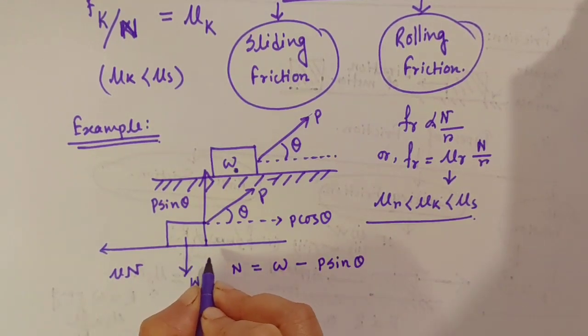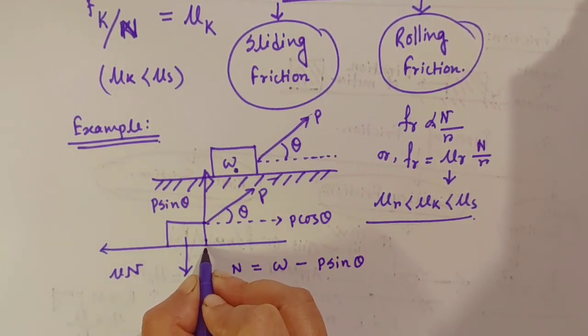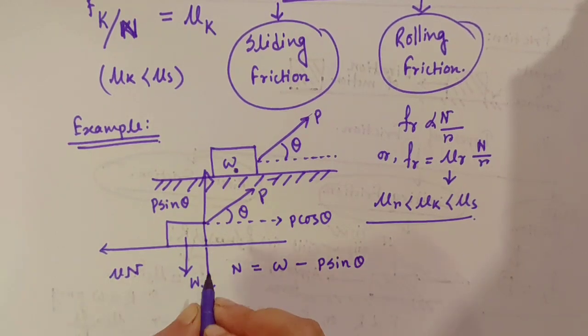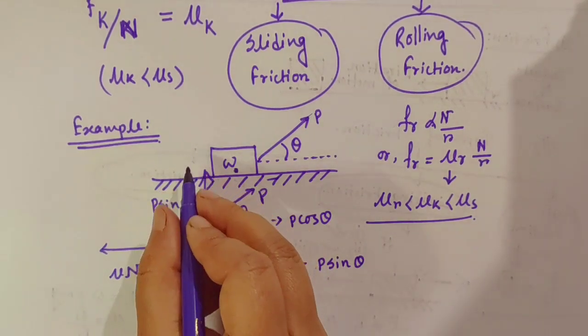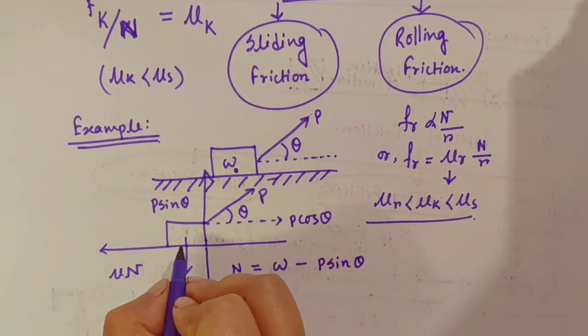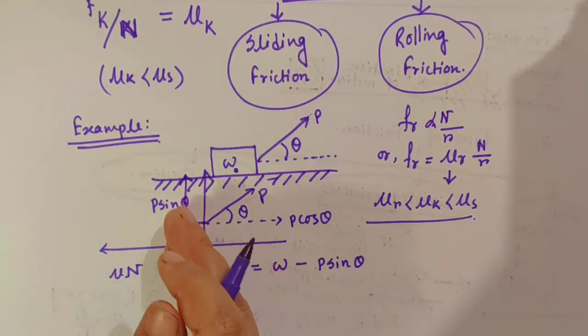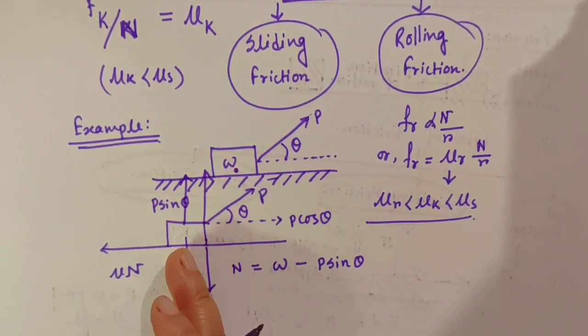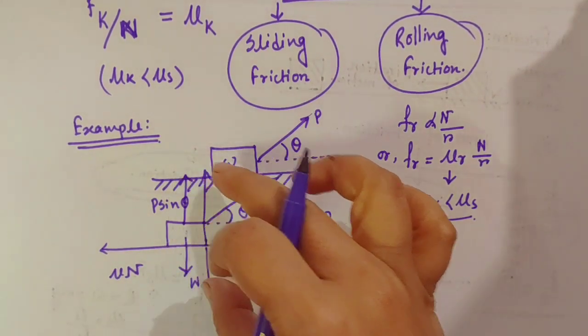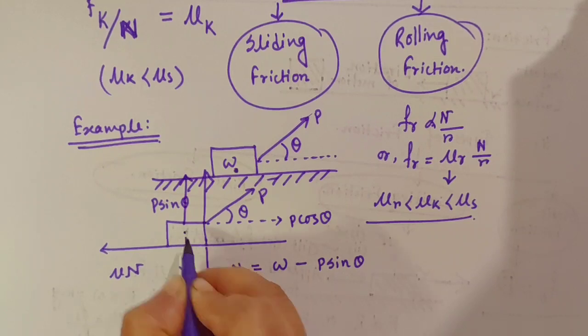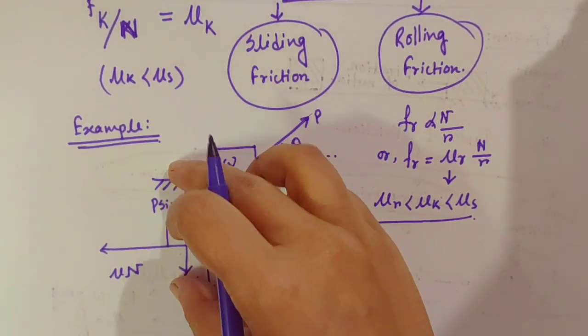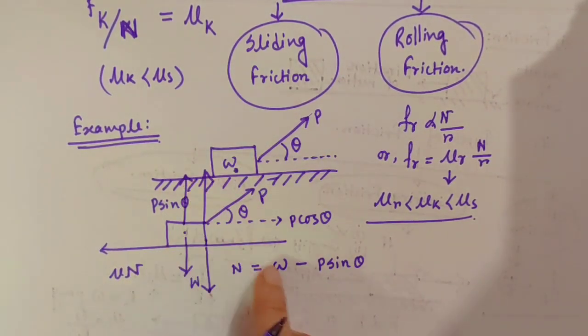From here, this direction is W and this is P sine theta upward, and as the direction is opposite, it's W minus P sine theta.